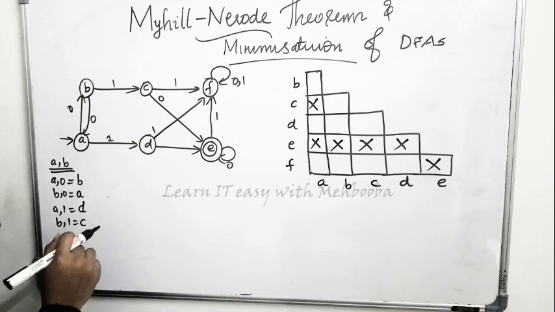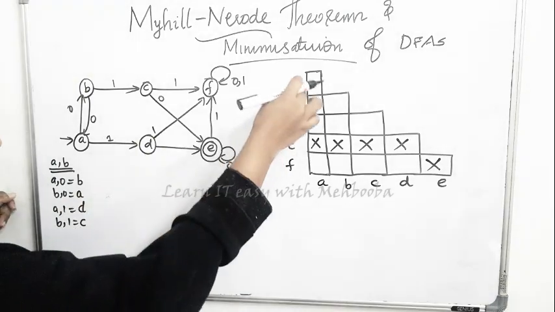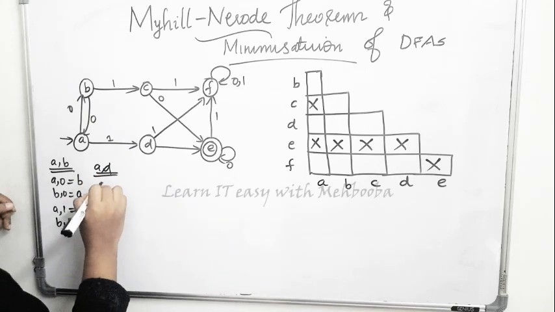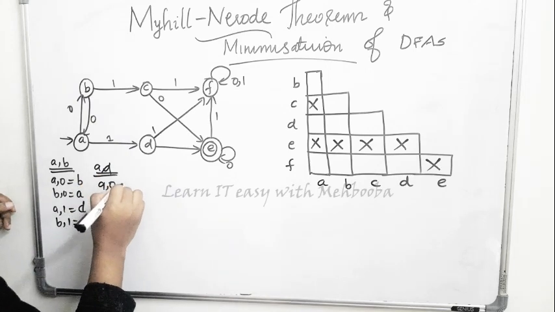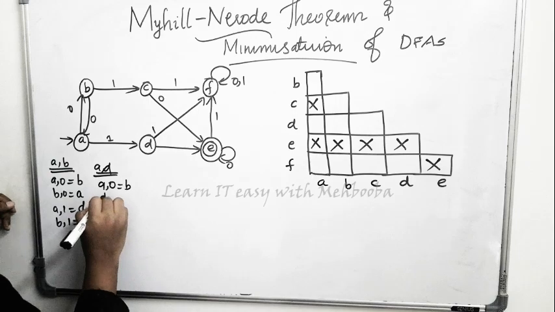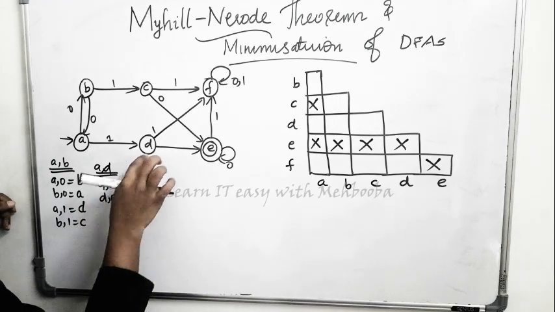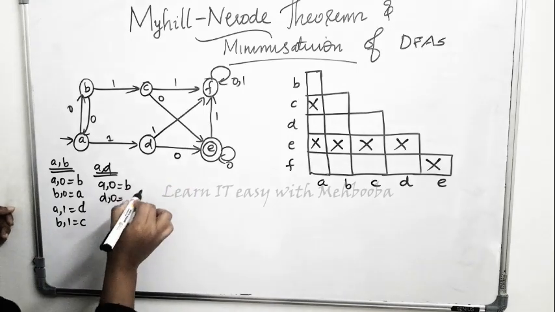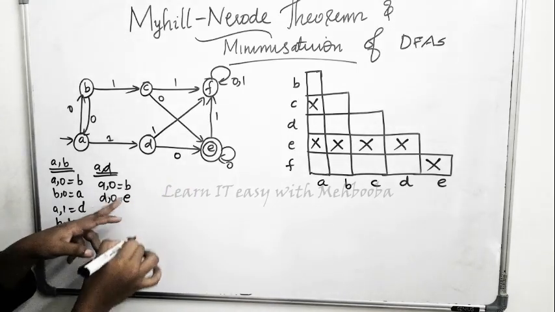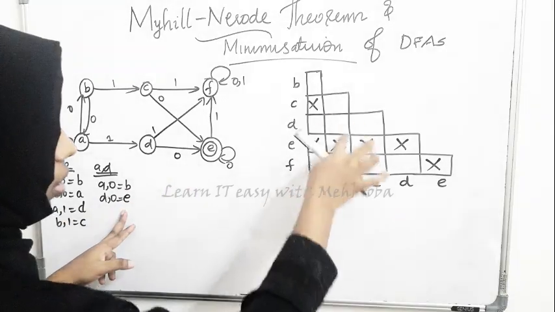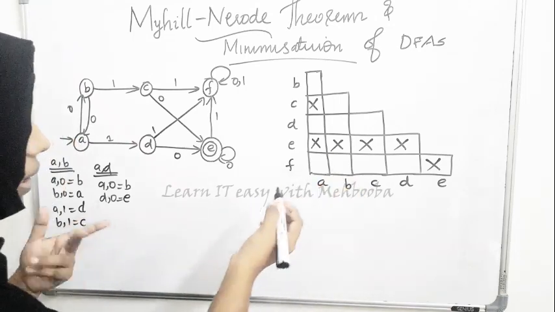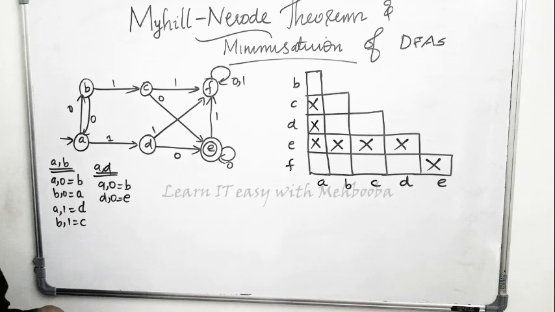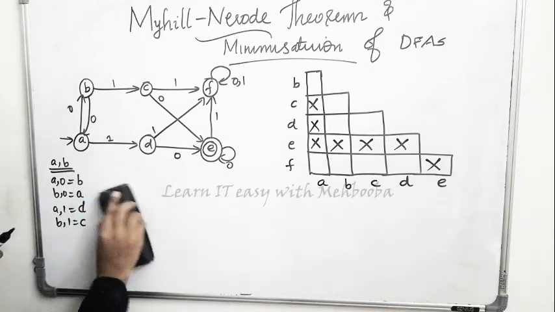Now AB has been checked, AC has been checked, we will check AD. Okay. A comma 0 goes to B, D comma 0 goes to E. Again BE, which is a marked pair, so AD can be marked. AD can never be equivalent states. So you don't have to keep AD anymore.